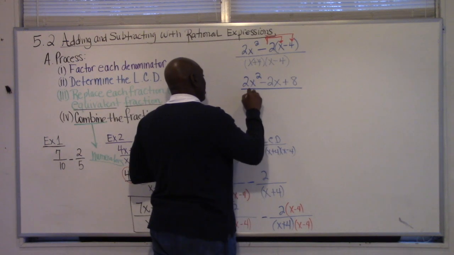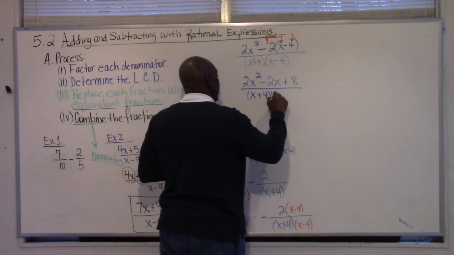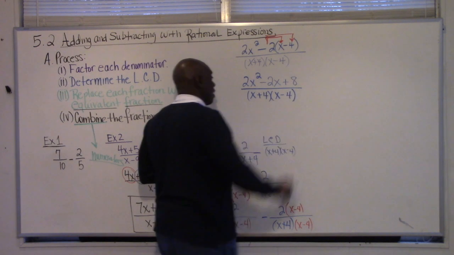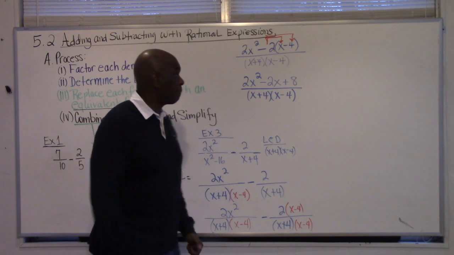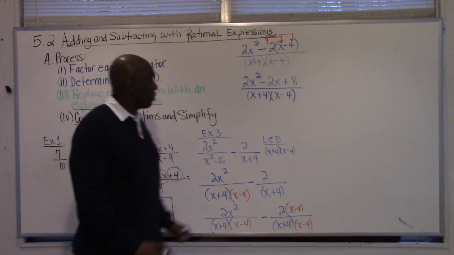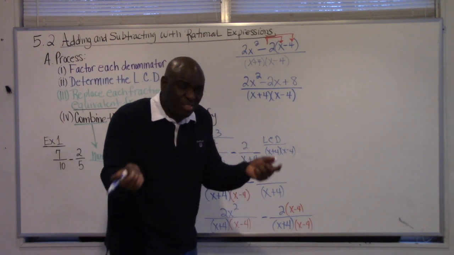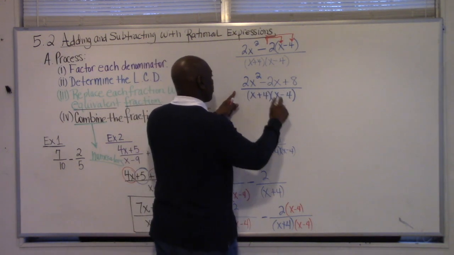over x plus 4 times x minus 4, and then there's nothing left to simplify. I don't think we're going to have any cancellation. Let's check and see if I factor out a 2 from this.